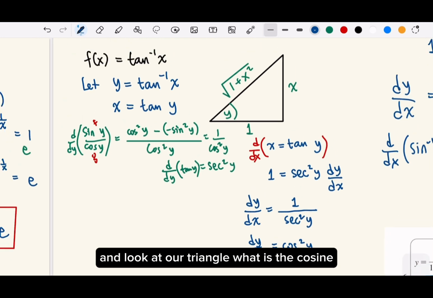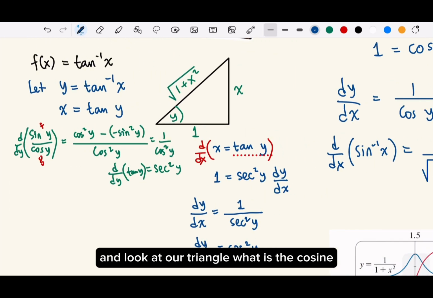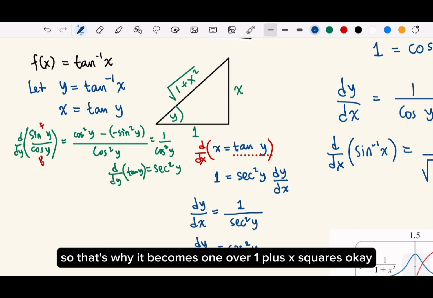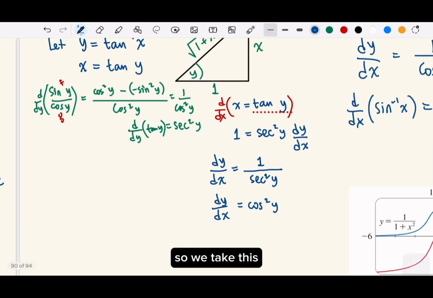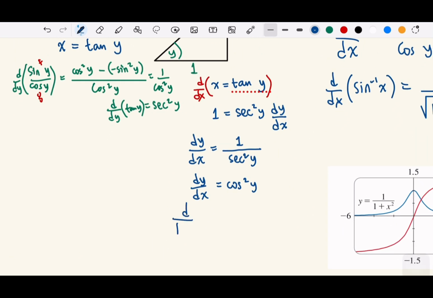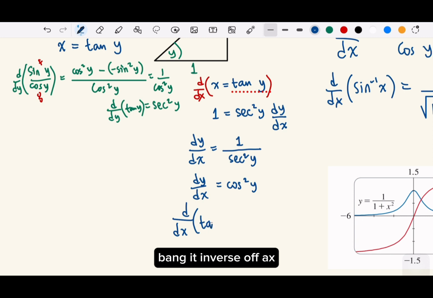And look at our triangle. What is the cosine? 1 over the hypotenuse. But we squared, so that's why it becomes 1 over 1 plus x squared. Okay? So we take this tangent inverse of x.